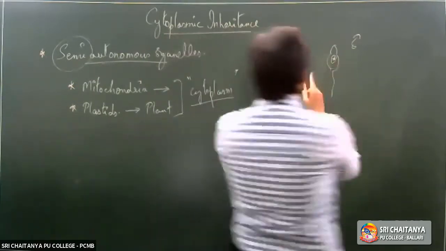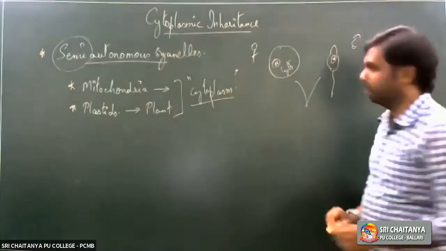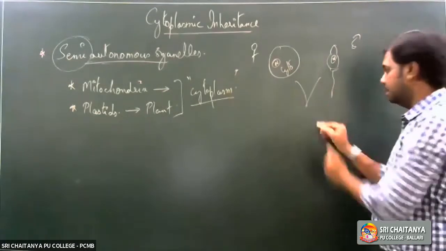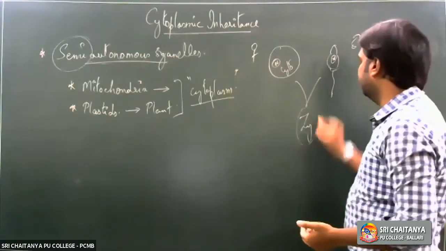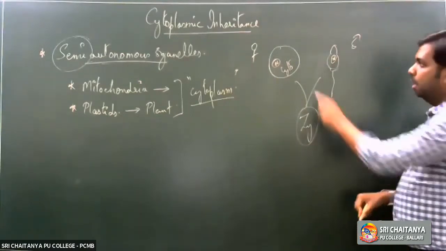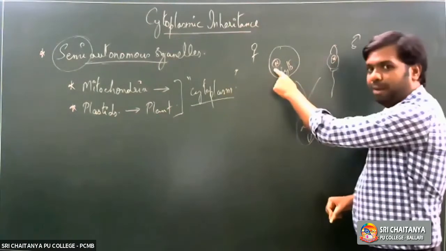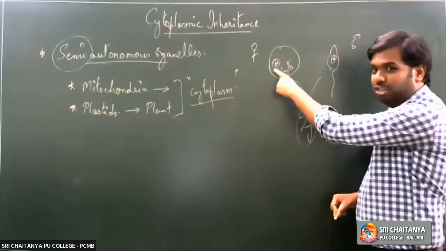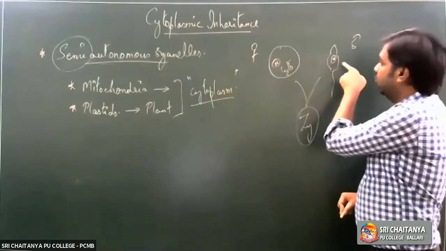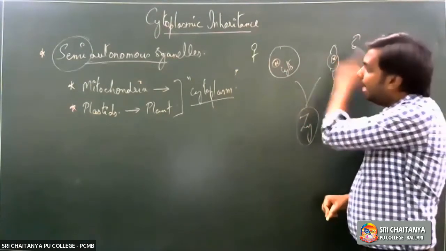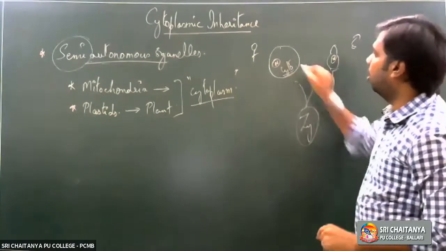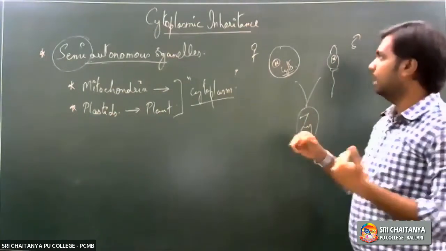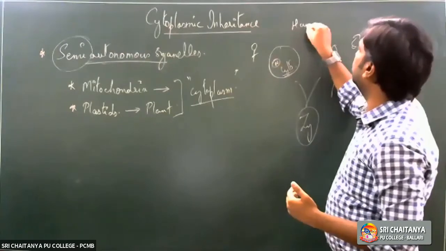Now, when these two combine in the zygote that is formed here, the zygote will have the nucleus of the mother, the genetic material of the father, as well as the cytoplasm of the mother. Let us imagine we are talking about humans.